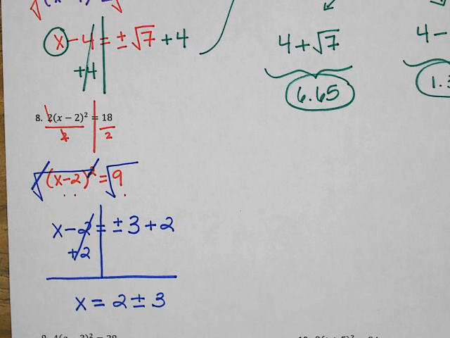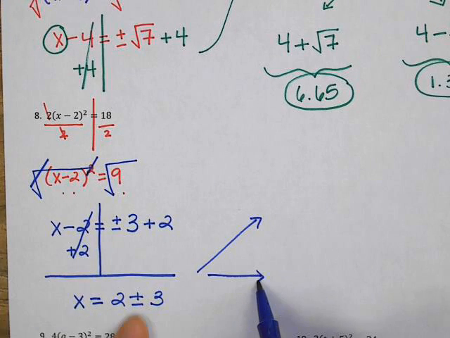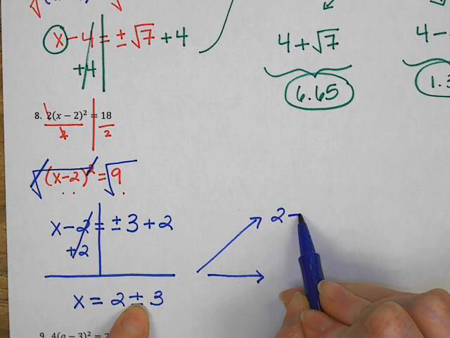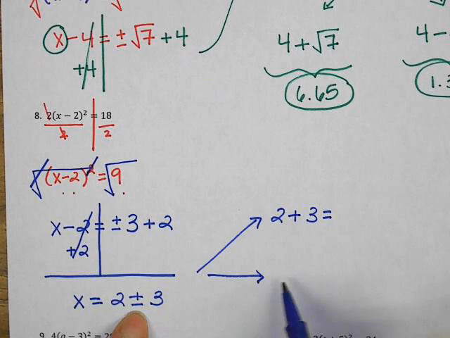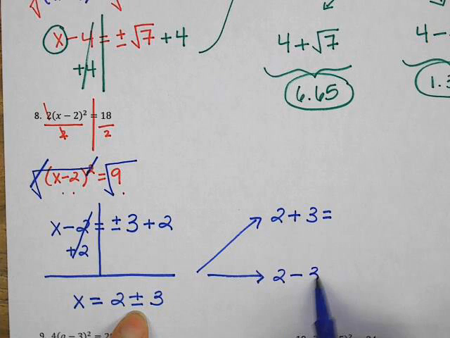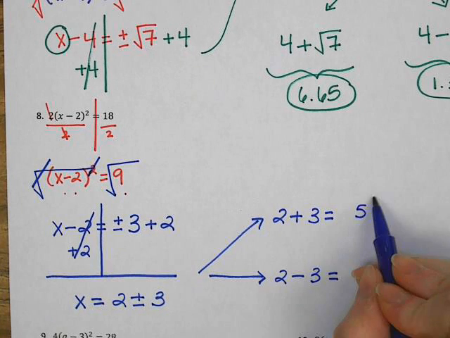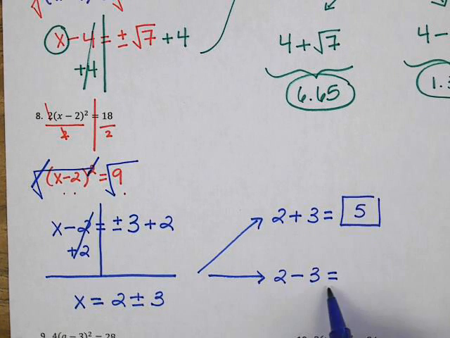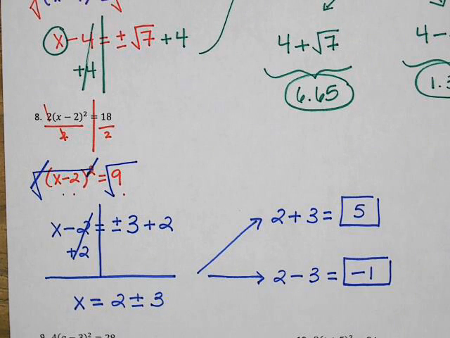All right, let's do our two versions of the problem. We need to do the plus version, so that'll be 2 plus 3. And we need to do the minus version, that'll be 2 minus 3. So 2 plus 3 is 5. 2 minus 3 is negative 1. Those are our two solutions.